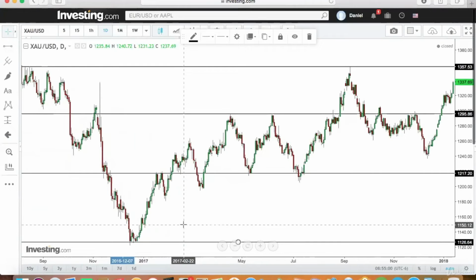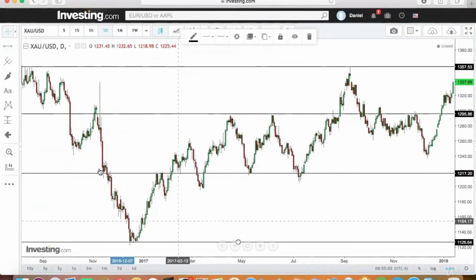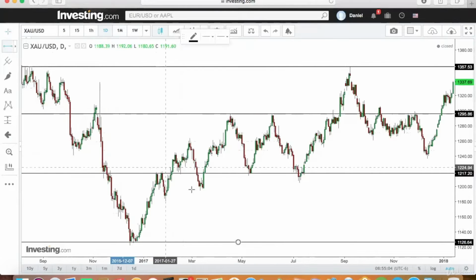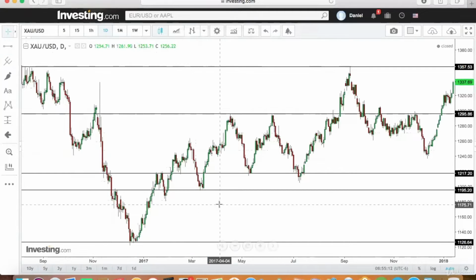Okay, so now once you have your levels of support and resistance, I'll actually put another one here. Let the market come down to this level twice. So now that you have added your areas of support and resistance, you want to refine these areas.